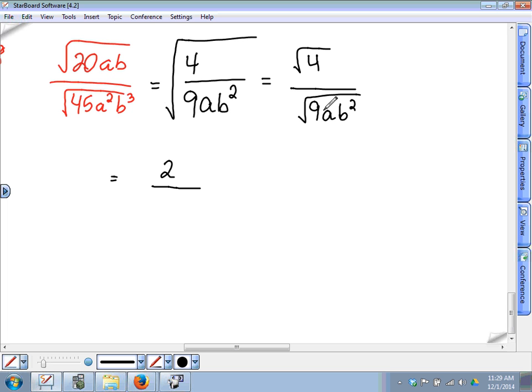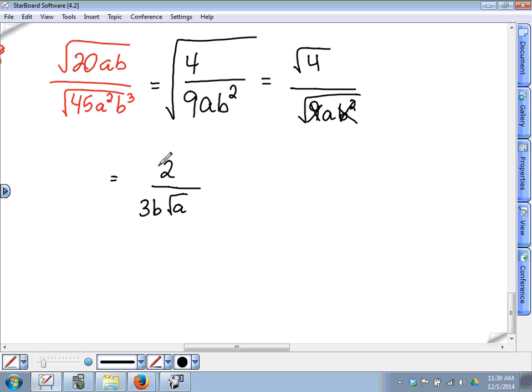But this one has a bit of a problem. 9 comes out as a 3, right? And the b squared comes out as just a b. But then you have that square root of a left over. Can it go back inside? No, unfortunately. You have to bring them back to the top.